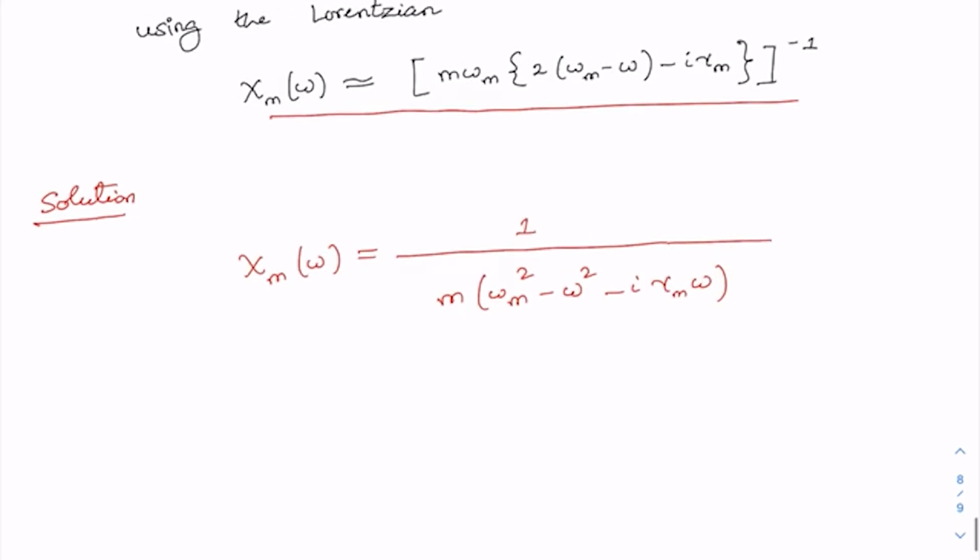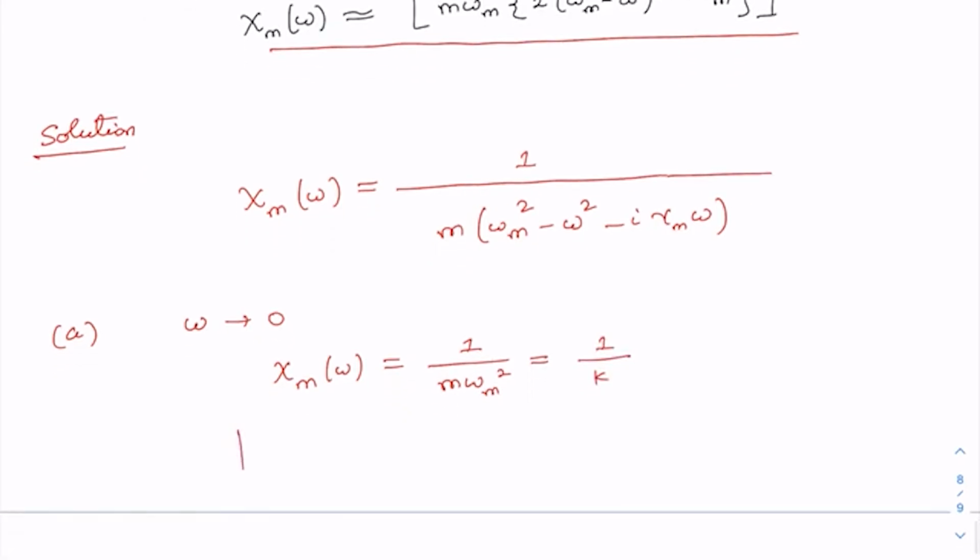The first part of the problem is very easy, because as you can see, as omega tends to 0, I can write chi m of omega is equal to 1 divided by m omega m square. These are the characteristic parameters of the oscillator, and 1 by m omega m square is nothing but the spring constant K.